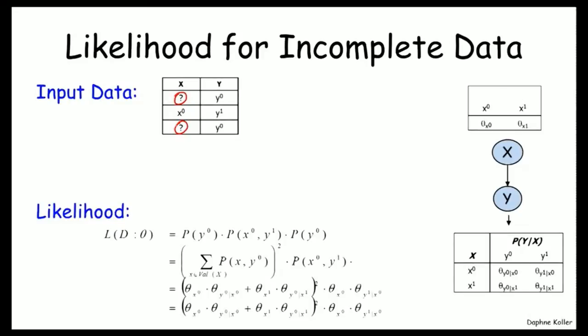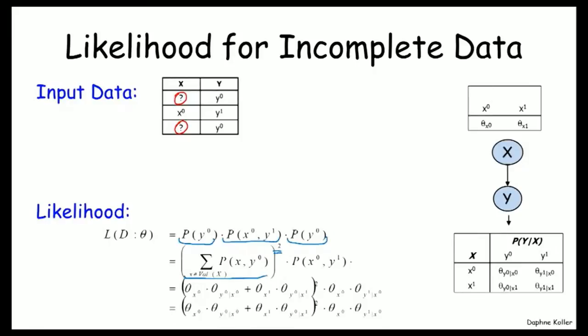Now let's write down the likelihood function in this case. Well, the likelihood function is now the probability of y0, which is the first data instance, times the probability of x0, y1, which is the second data instance, times another probability of y0. Since the probability of y0 appears twice, we've squared this term. And the probability of y0 is the sum over x of the probability of x comma y0.